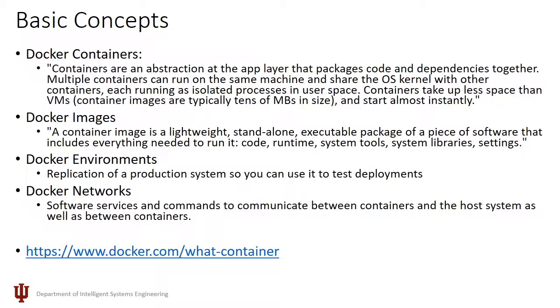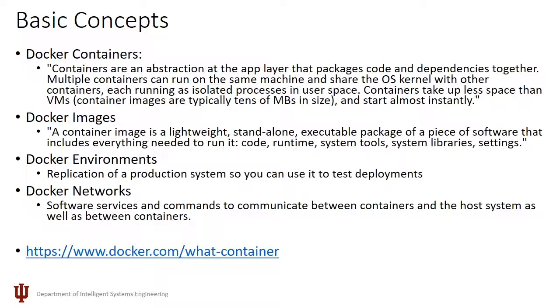Basic concepts that we will be having here are repeated. So we have containers as an abstraction for an application layer. We have advantages in size and space. We have Docker images that are lightweight, standalone executable packages of a piece of software that includes everything that we need to run it.